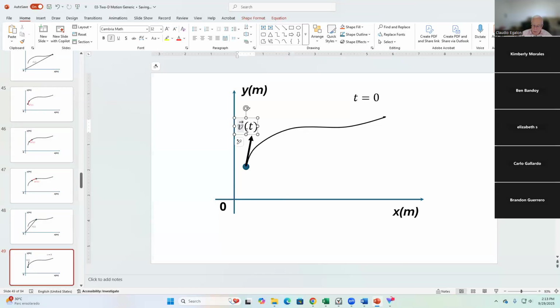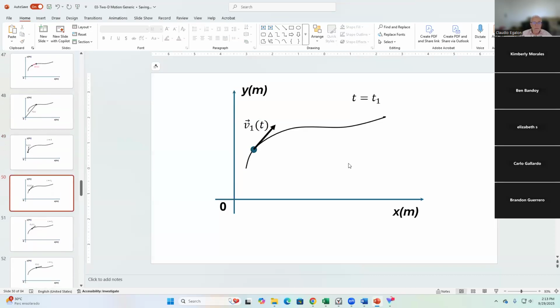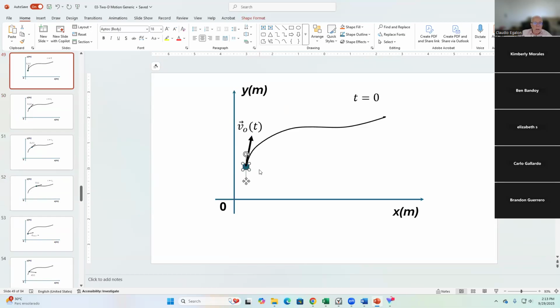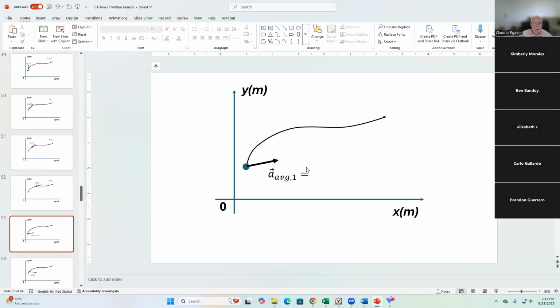That's going to be V0, V1, V2, and V3. That should be V3, okay? My average A1 vector. Huh, interesting.